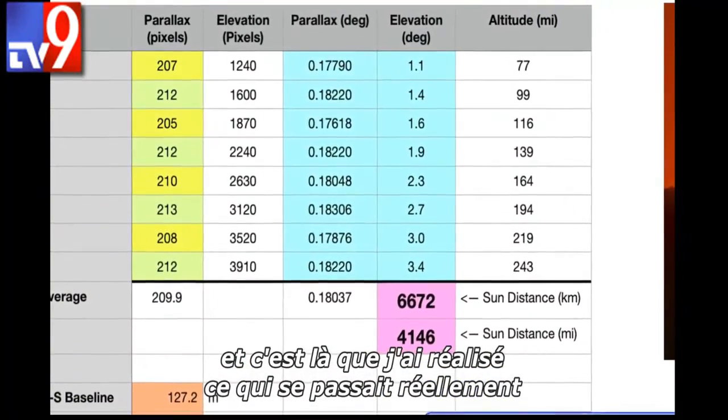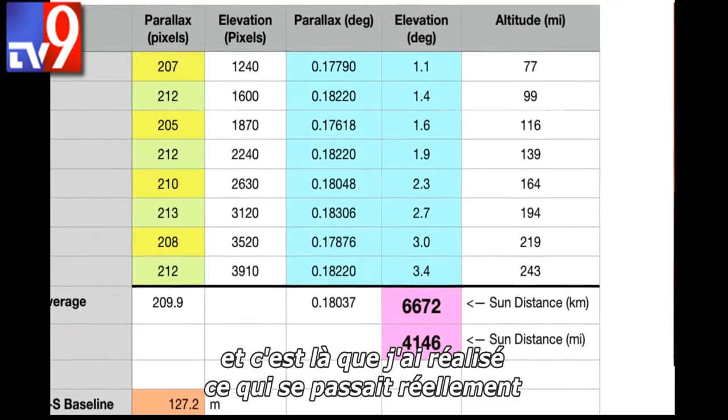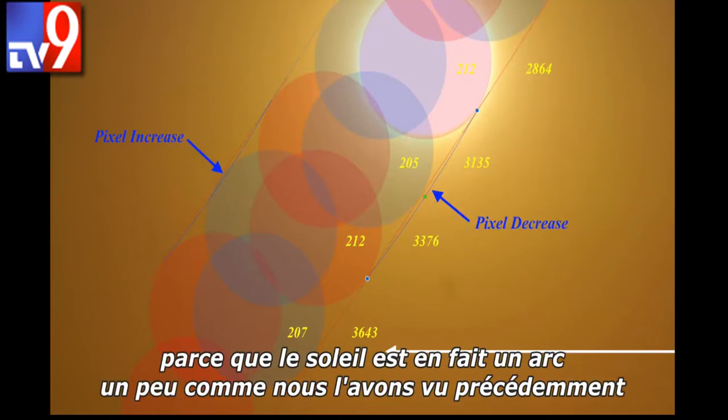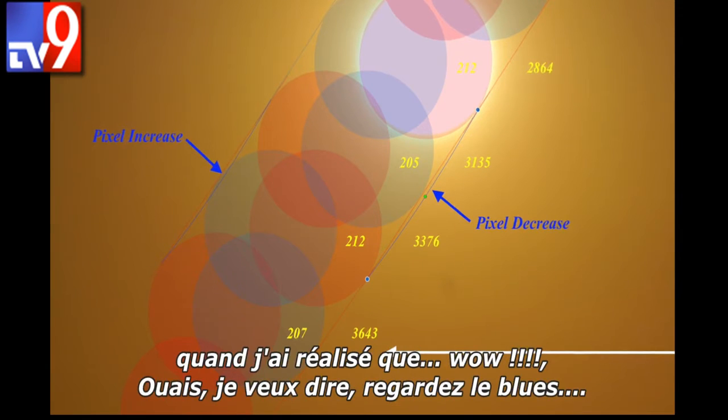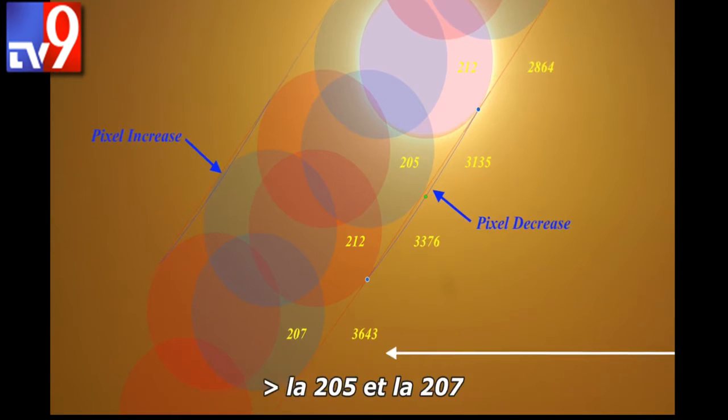And that's when I realized what was really happening. Because the sun is actually curving up slightly, as we saw before, we overestimate on one side and underestimate on the other. When I realized that, I went, wow, yeah. I mean, look at the blue ones, the first and the third, right? 205, 207, 205.